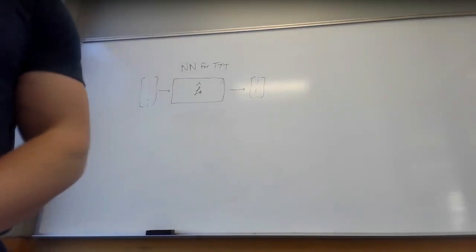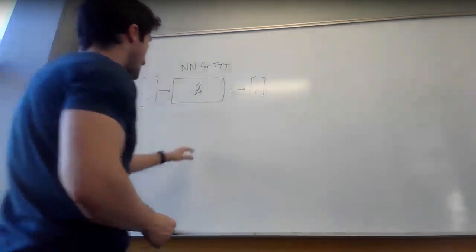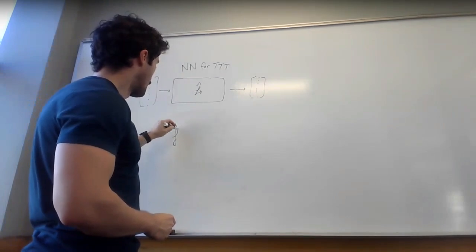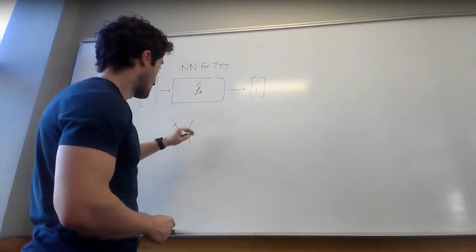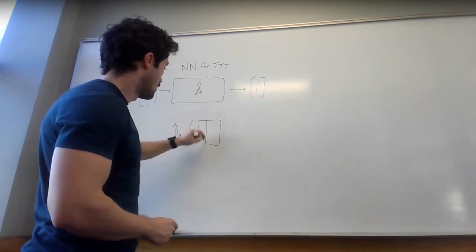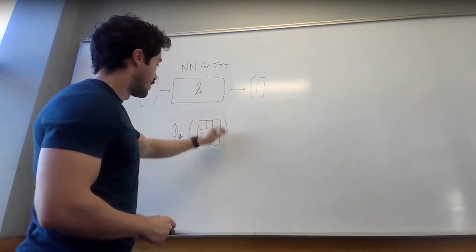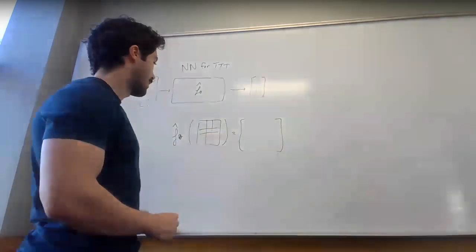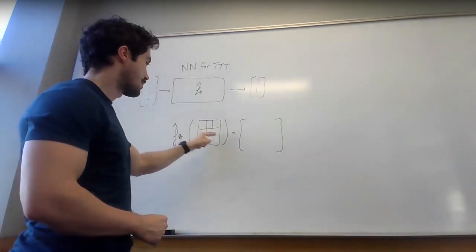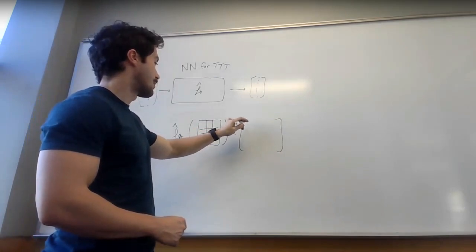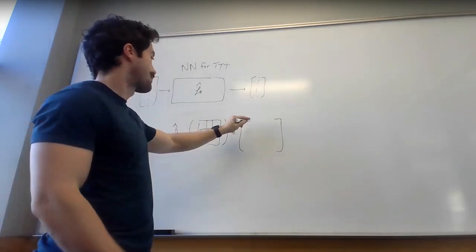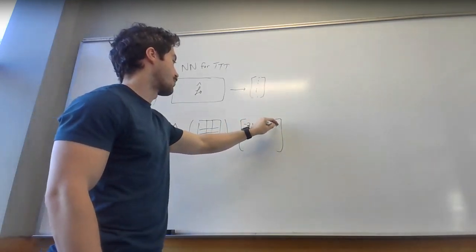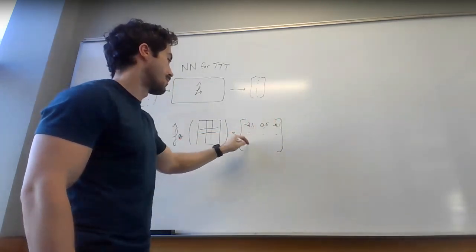So how do you train this? Let's assume that instead of a single number output, if I feed the neural network the state vector, and I'll just draw the tic-tac-toe board, it outputs a vector with a number for each of the entries, like negative 2.1, 0.5, negative 0.1, something, and then all these other entries.